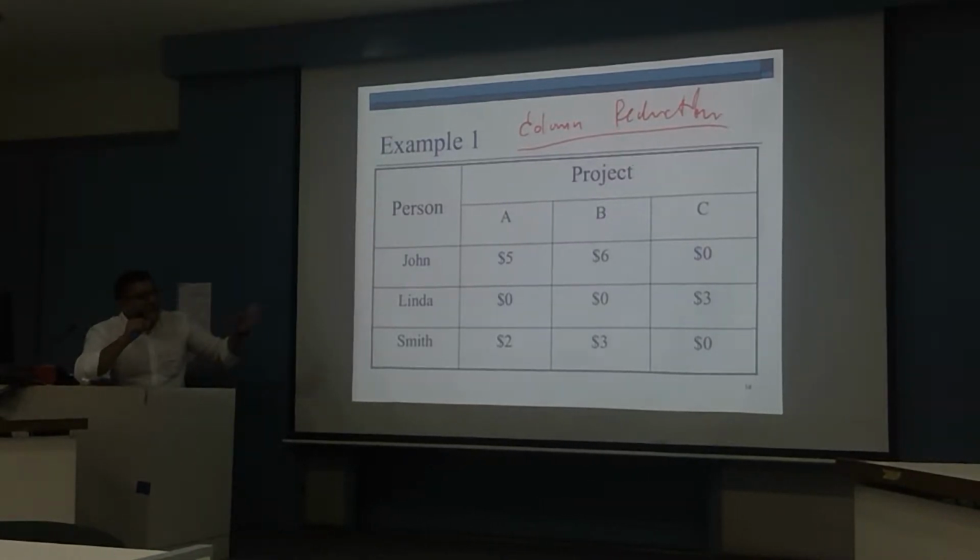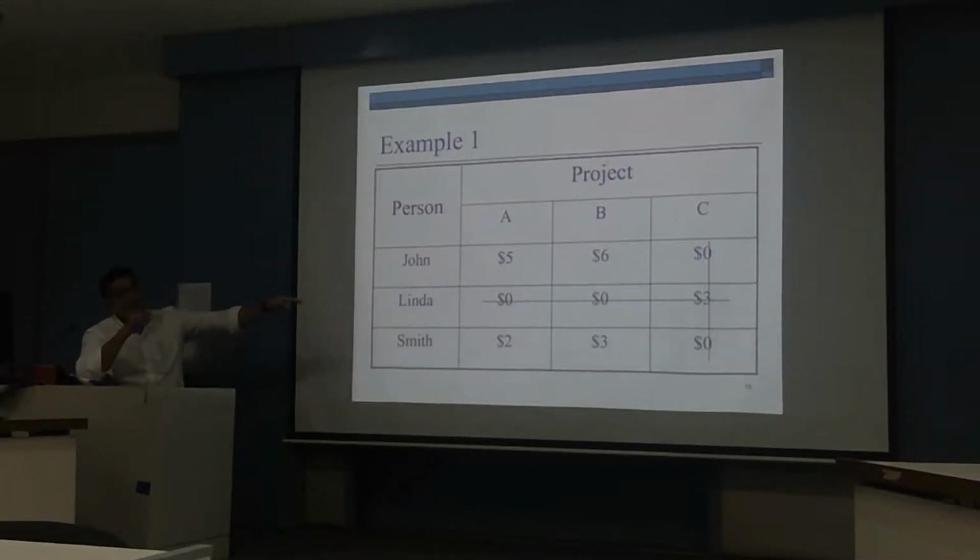But in this case, since it's a very small problem, using the very minimum number of lines, I can draw just 2 lines. After you draw the lines, you check the number of lines against the number of rows and columns. Remember, the number of assignees and tasks have to be equal, or I would say rows and columns have to be equal.